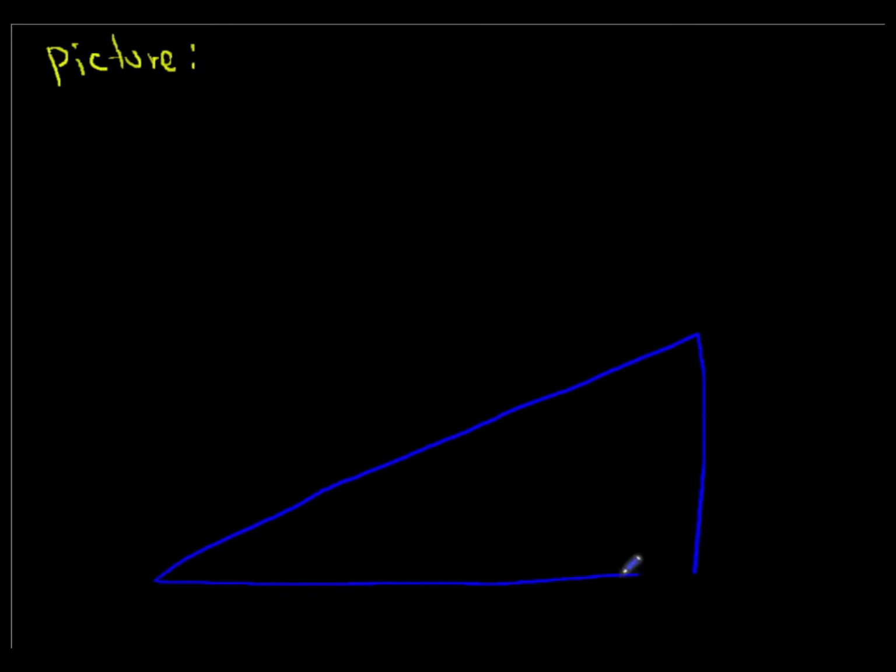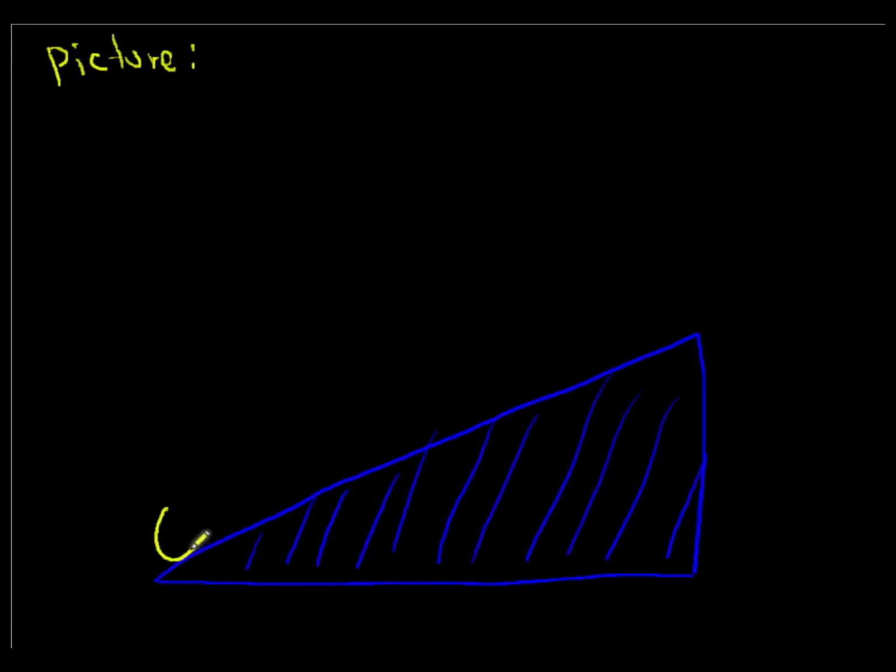First, we'll start with a picture to visualize the situation. We'll start by drawing a ramp. And the ball is traveling up the ramp at first, at 10 meters per second.